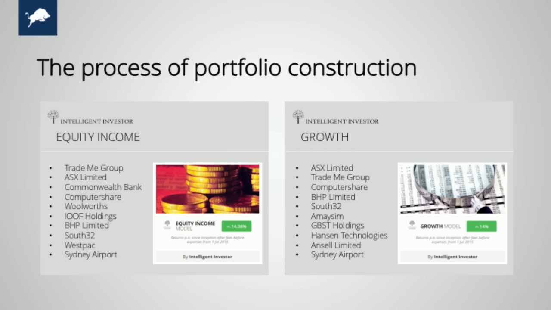The reason for that is everything here starts with value. We are looking for value. And if it's a value stock and it is paying us a nice dividend and we see some upside in that in growth, then we are going to hold that position in both portfolios. So currently there's only about 6 stocks that are different across both portfolios.